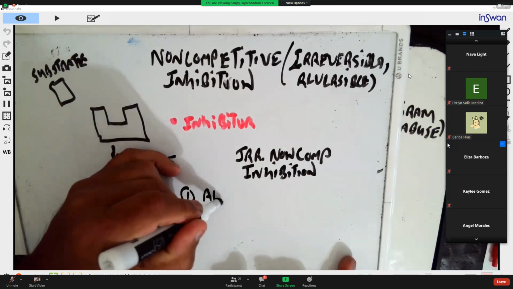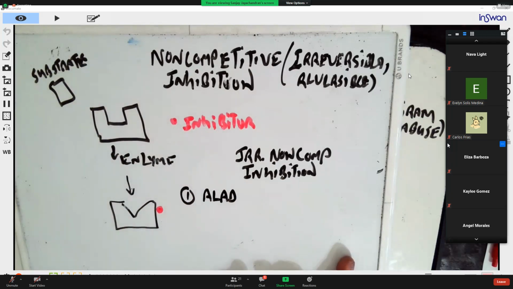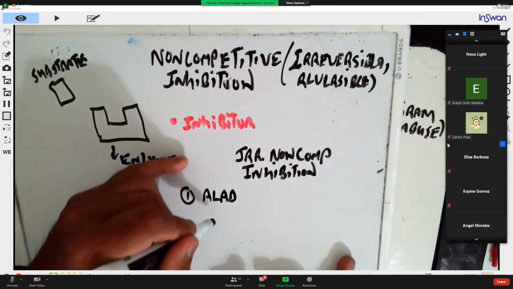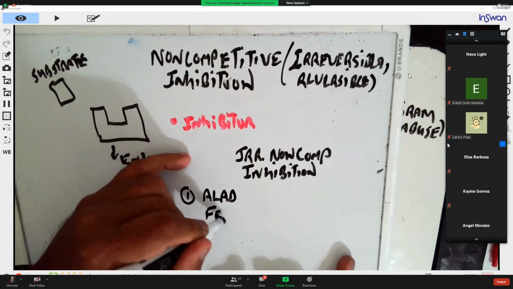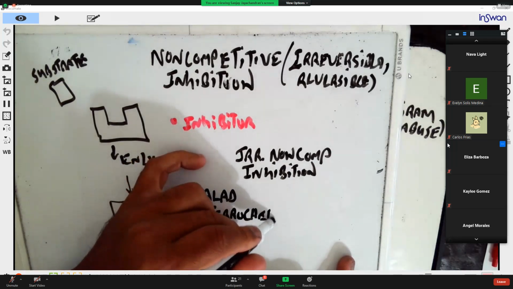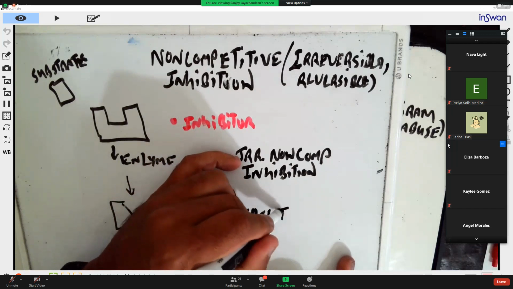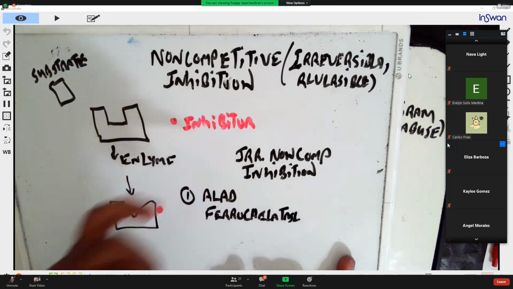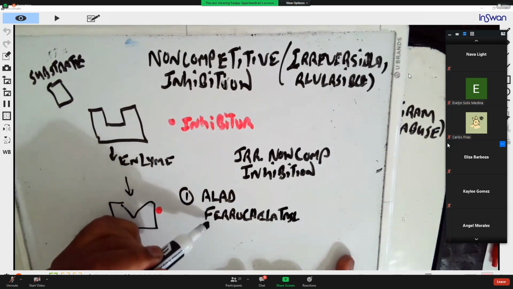There's an enzyme called ALAD. It's an abbreviation for an enzyme. And there's an enzyme called ferrochelatase. Okay, so this is enzyme one, this is enzyme two.